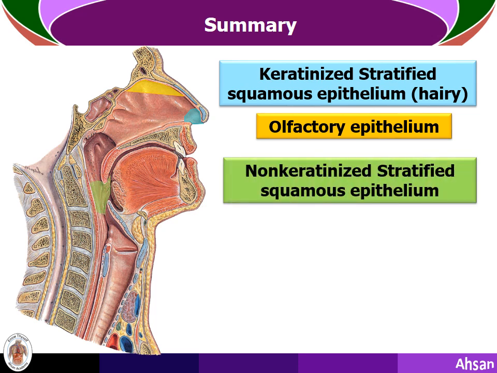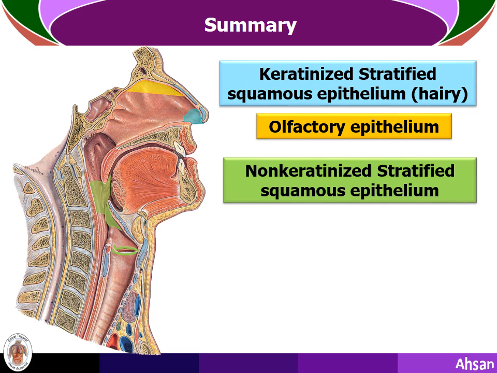The part stained greenish is the oropharynx, lined by non-keratinized stratified squamous epithelium, as well as the part over the epiglottis and over the vocal fold and vestibular fold of the larynx, having the same epithelium.